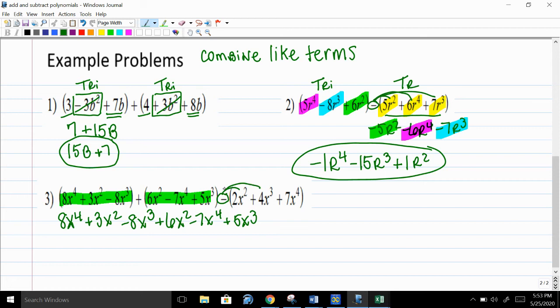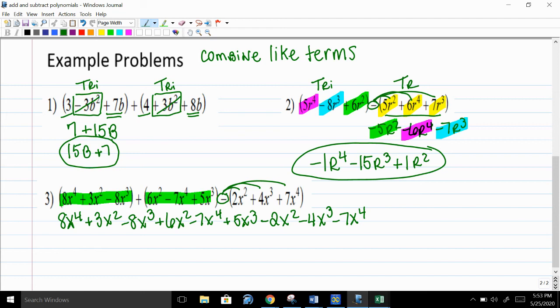So all three of those terms have to change. Their signs have to change. 2x squared becomes minus 2x squared. The 4x cubed becomes minus 4x cubed. And the 7x to the fourth becomes negative 7x to the fourth. Just remember, guys, when I say they change, they don't change to negatives. They change to their opposite. So if I was distributing a negative to a negative, that would actually make it a positive.